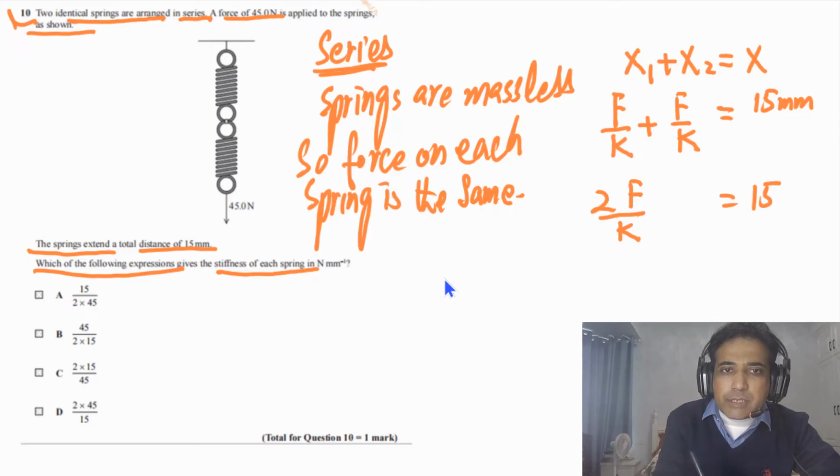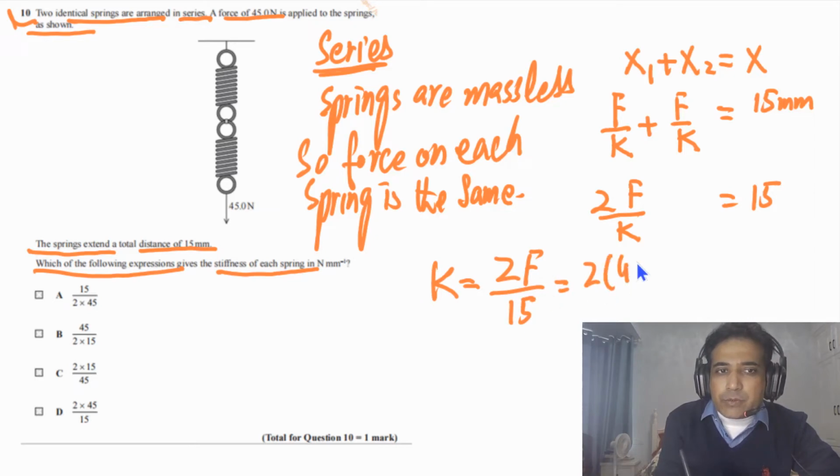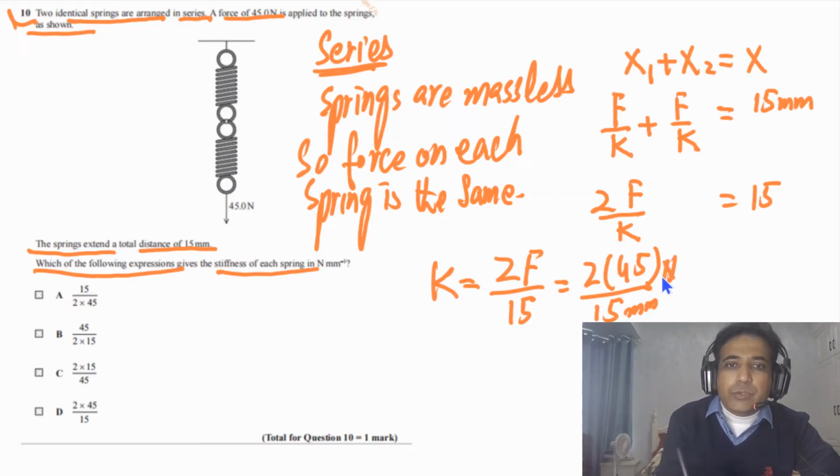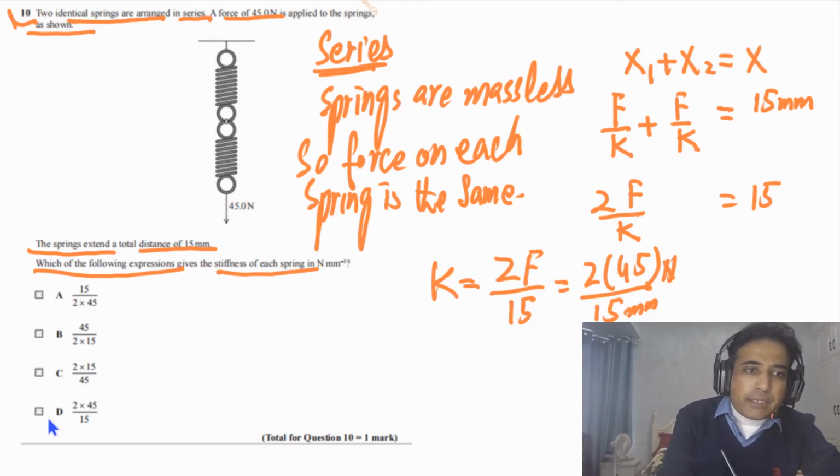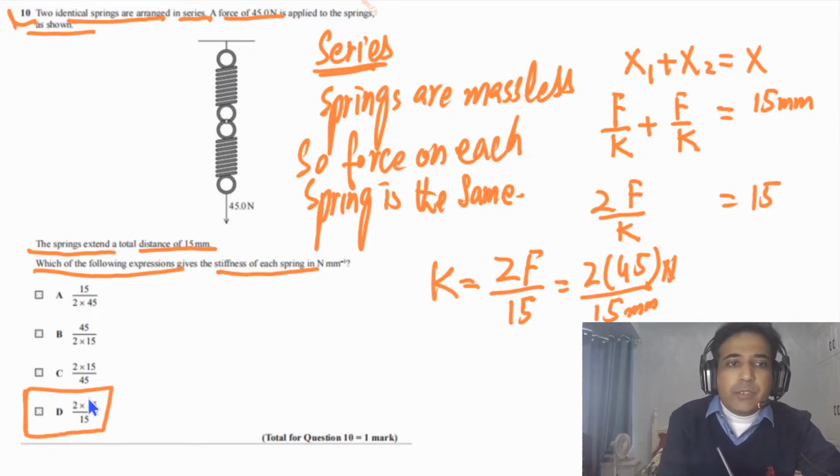So from here k has to be equal to 2f divided by 15. We have the value of force that is equal to 45 newtons, divided by 15 millimeters. So this is our final answer. If you look at the given options, option D is correct: 2 times 45 divided by 15. So the answer is D.